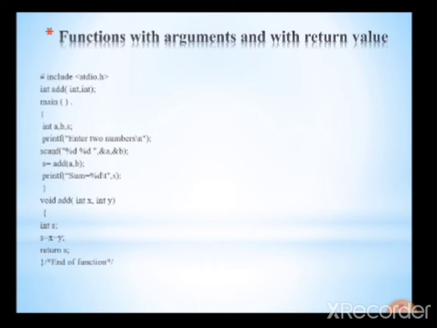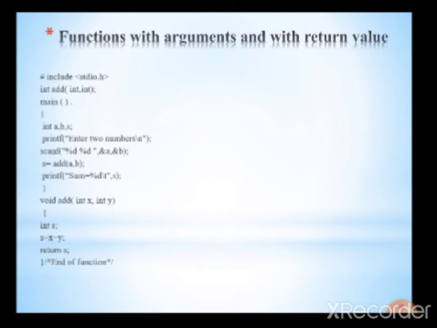Here you see the example. So now you know function with argument and with return value, two-way data transfer. From the function call we are passing the argument and the function definition returns the value.